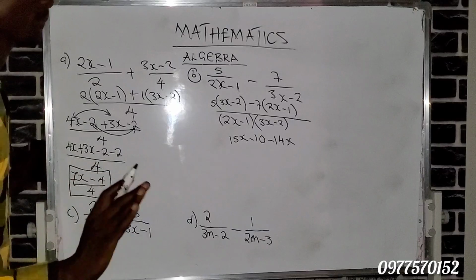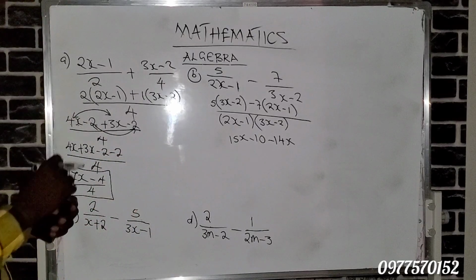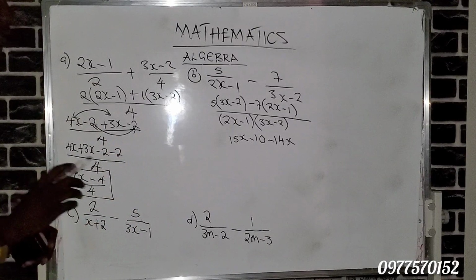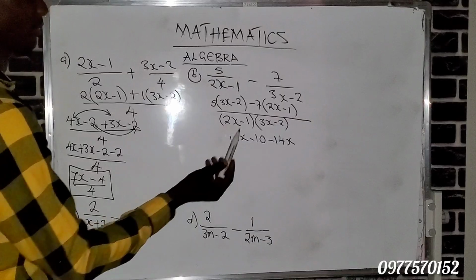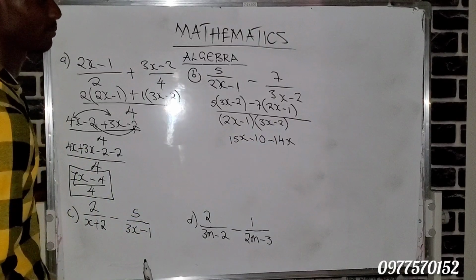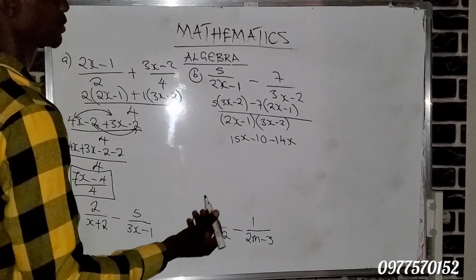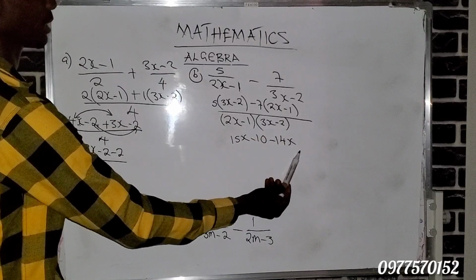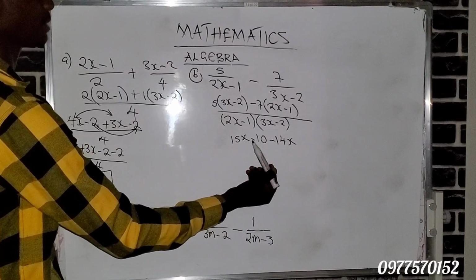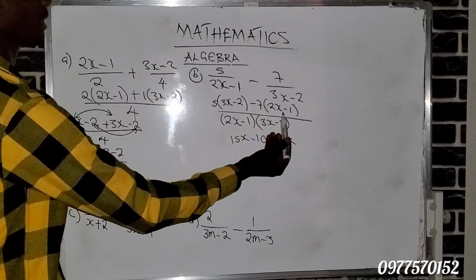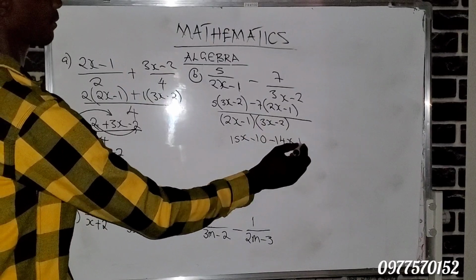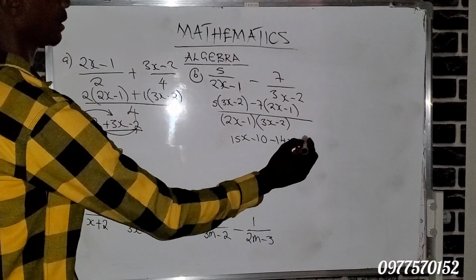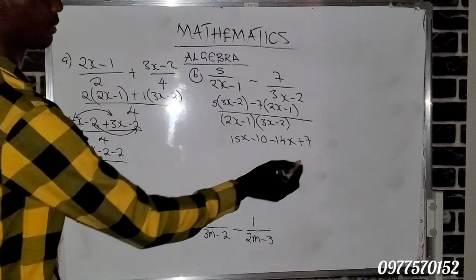This is the reason why they usually ask you this question, because they want to test your understanding of negative times negative. Most students make a mistake: after multiplying this and this, they just bring the negative 1 down. You shouldn't make that mistake. You multiply with everything. Negative times negative is positive. 7 times 1, 7.